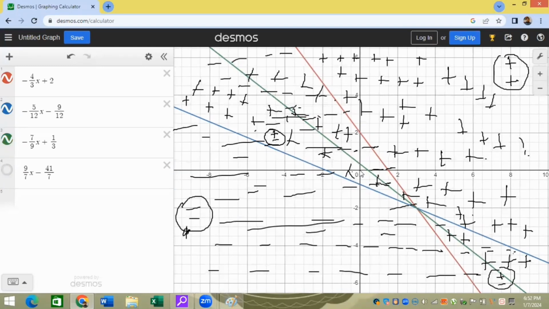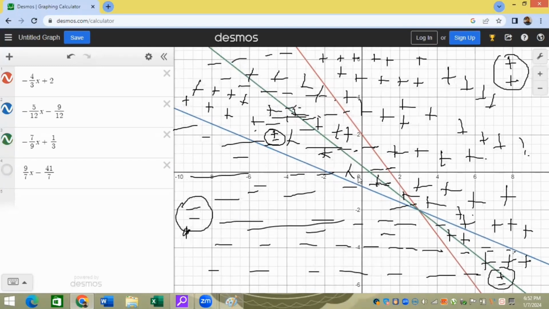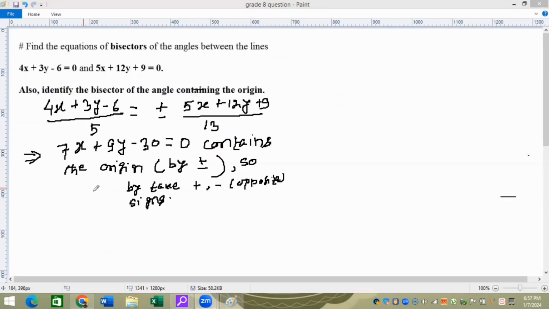All right, so this way you can see in the graph as well. So we saw this line 7x plus 9y minus 3 equals 0 contains the origin by seeing it in the region of opposite signs. So by taking the plus sign and the minus sign, we got this equation of the bisector that contains the origin.